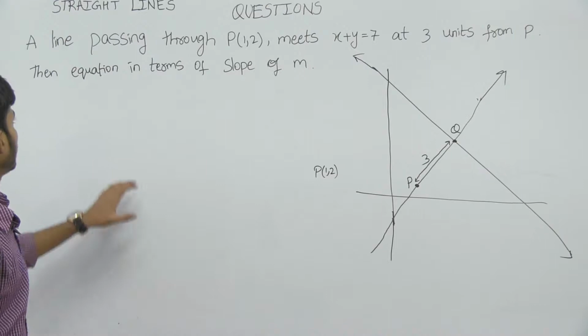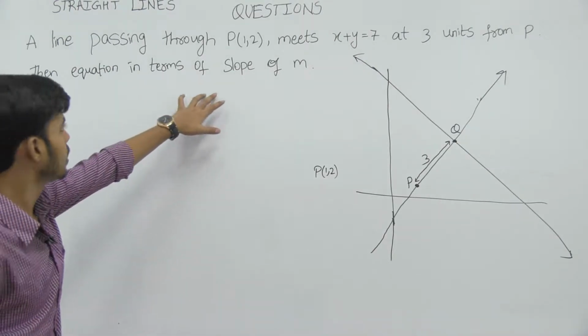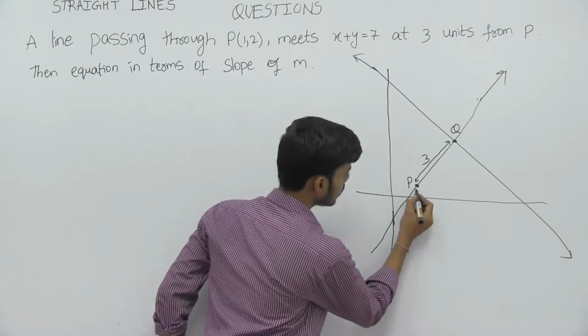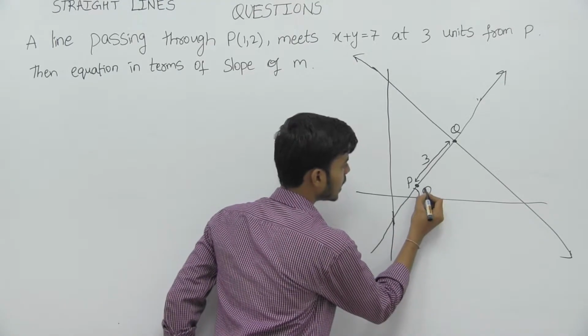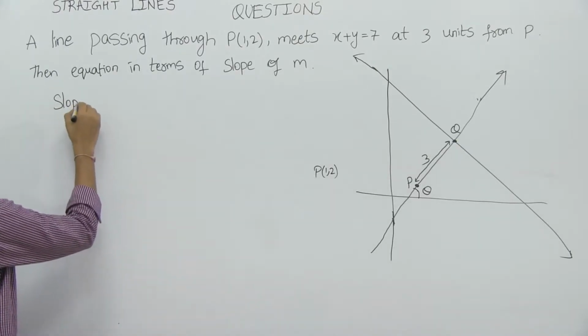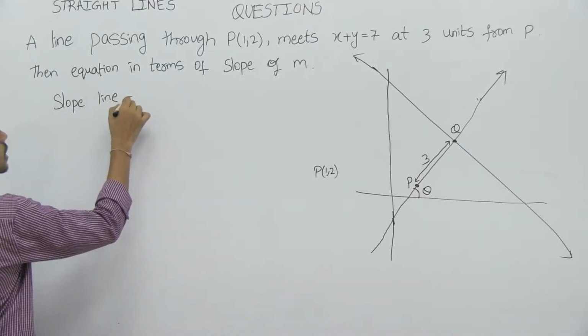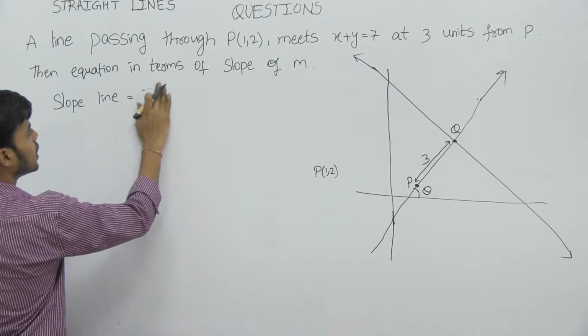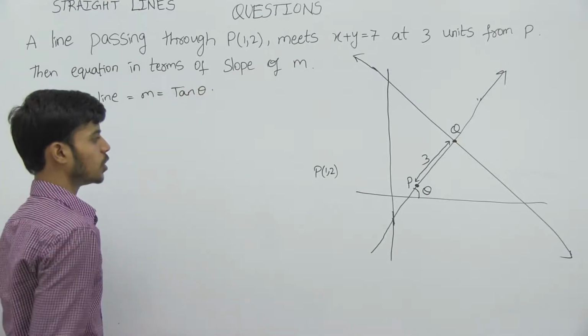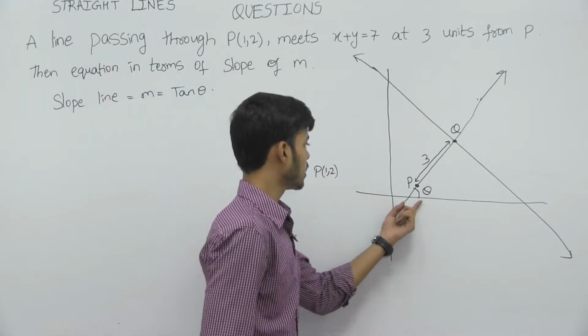So we need to find an equation in terms of the slope of this line. Let's assume this makes an angle theta, so the slope m is equal to tan theta.